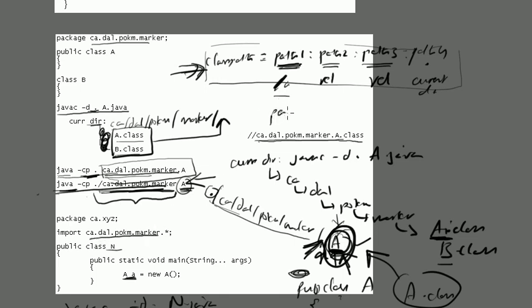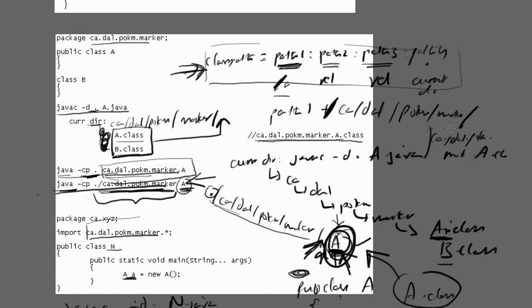So it does path 1 slash ca dal pocum marker slash, and it tries to find ca.dal.pocum.marker.a.class. If it doesn't find it there, it goes to path 2, which is a relative path.